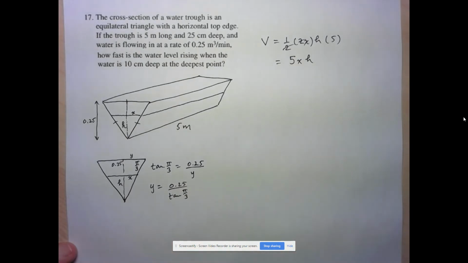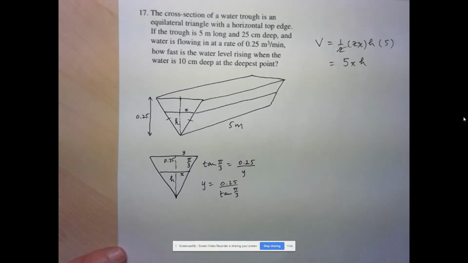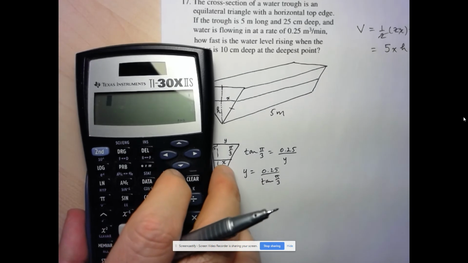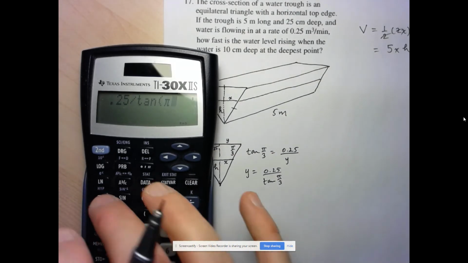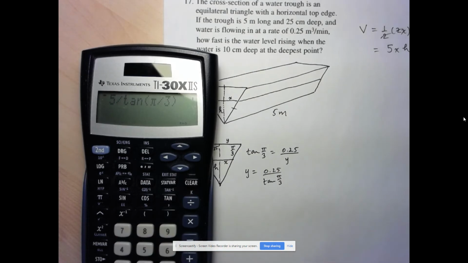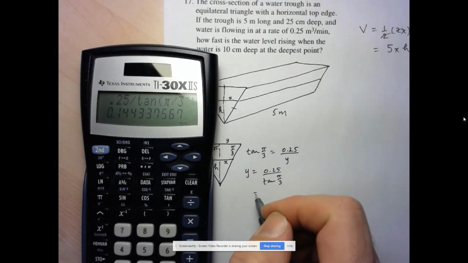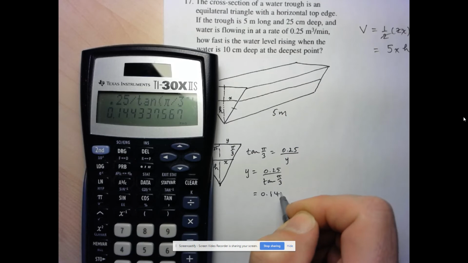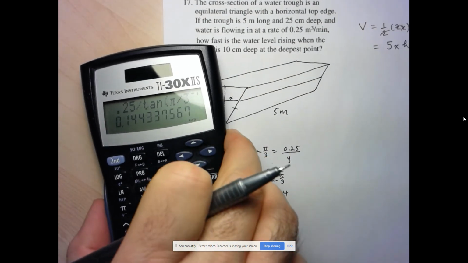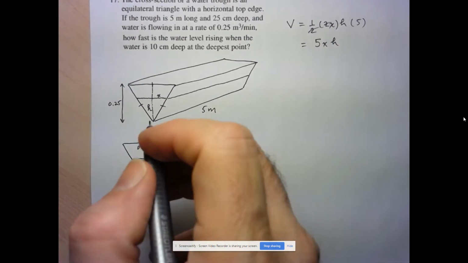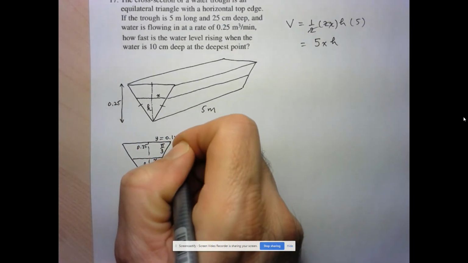Since this is an application question, I'm just going to approximate here. I am in radians, so 0.25 divided by tan of pi over 3 is equal to 0.144. I'll keep an extra decimal place there along the way.